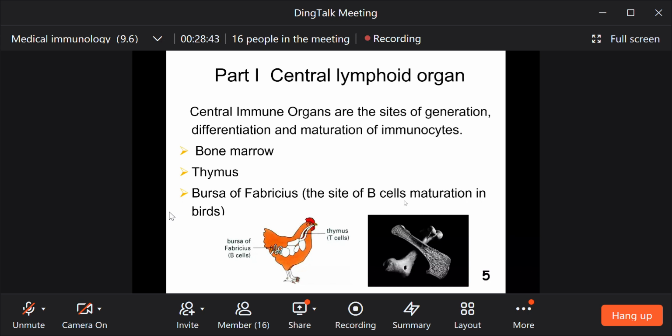We can see the right picture. The bone of the chicken is hollow, just like an empty tube. So this bone will reduce the weight. The birds can fly very conveniently. Well, a new organ must have been involved for the B cell maturation.